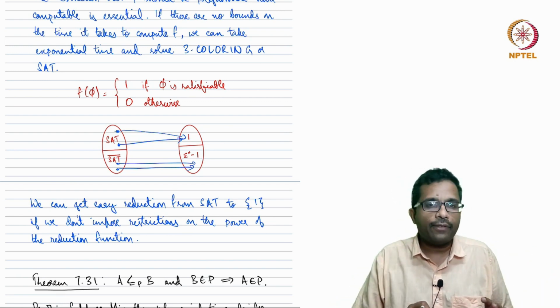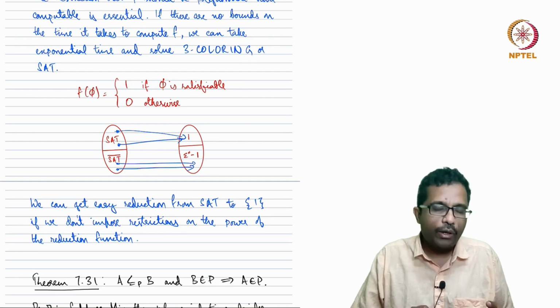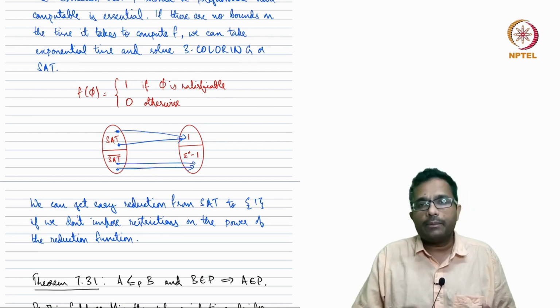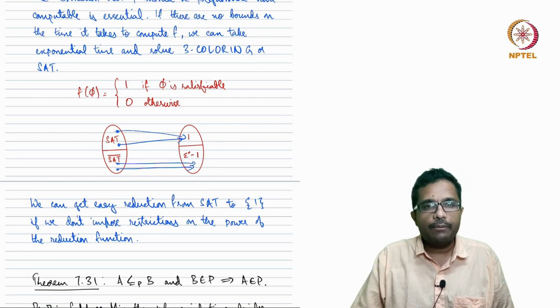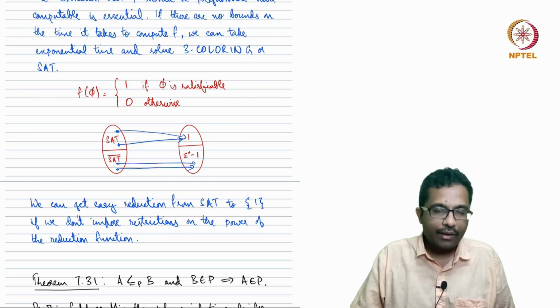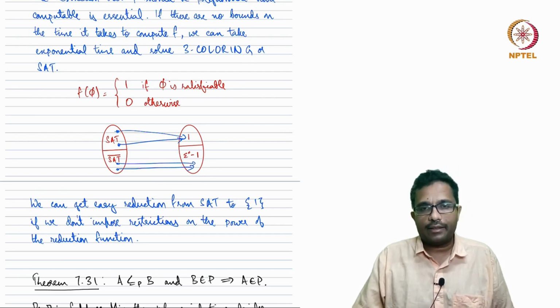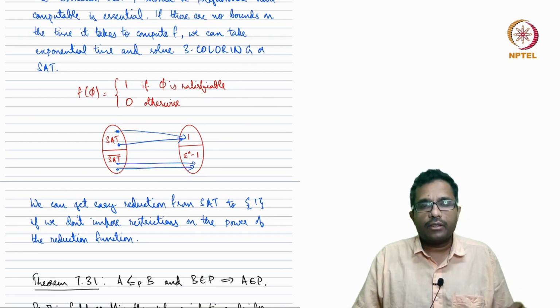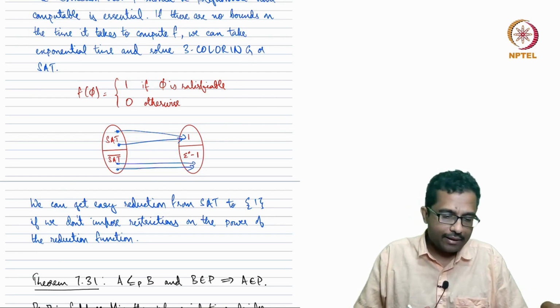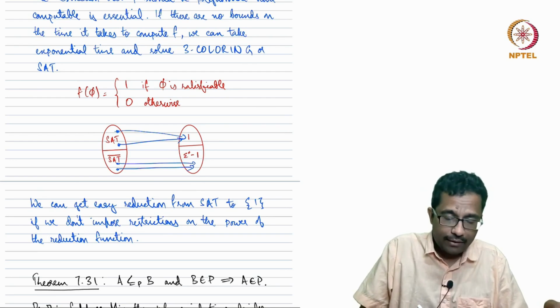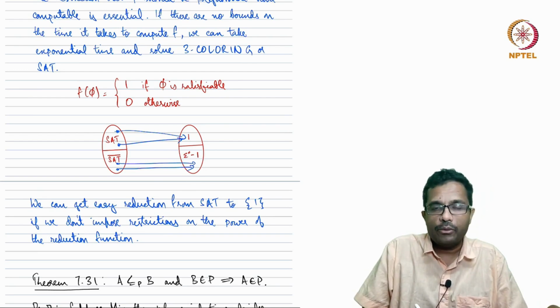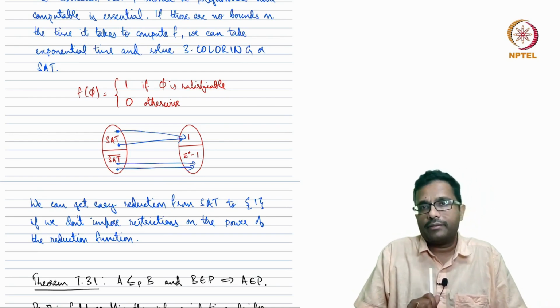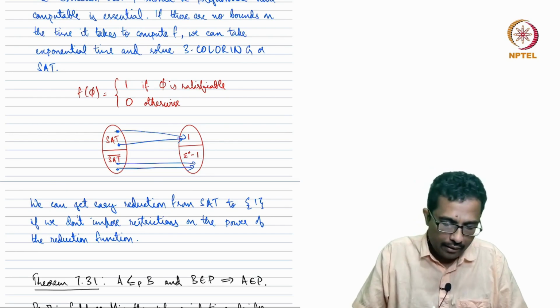To make this whole thing meaningful, we have to impose a restriction on the time that is taken for the reduction, otherwise it leads to such meaningless results. So if you impose such time restrictions, then we cannot do this reduction from SAT to the 0-1 language.